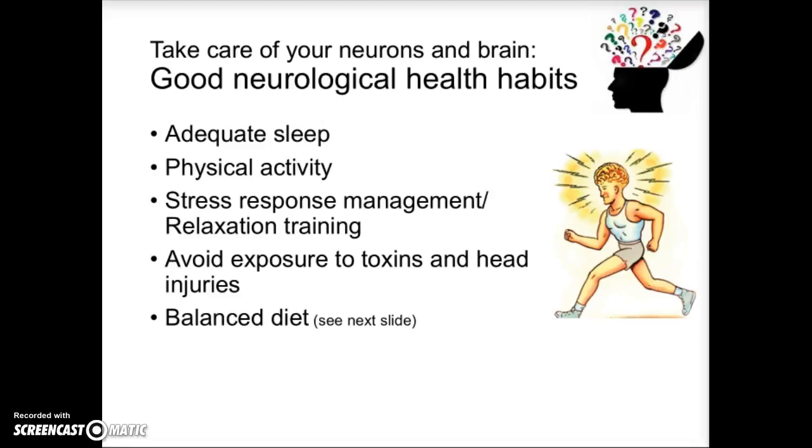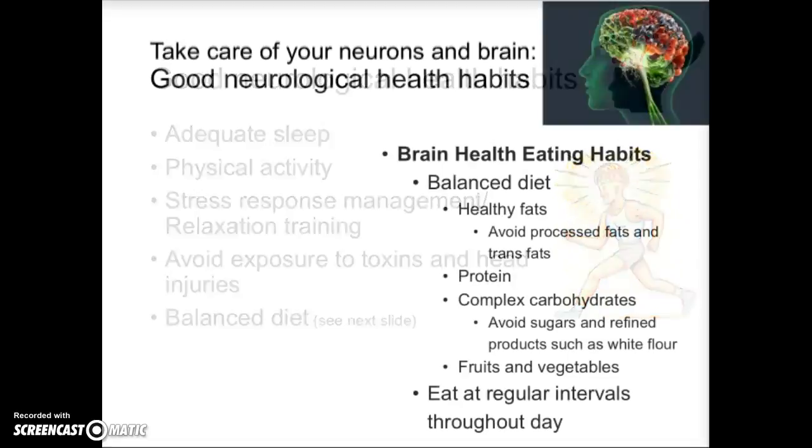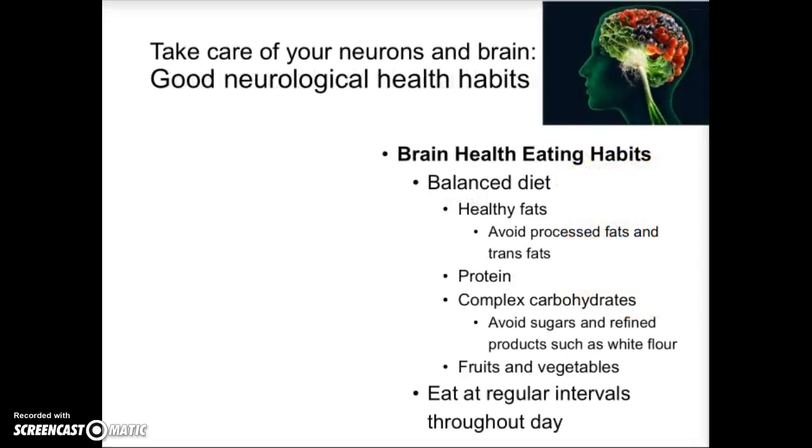Finally, to take care of your brain, you need to eat a balanced diet. Now, it turns out that there isn't really a special diet just for your brain. The same healthy eating habits that are good for other parts of your body, like your heart, are also good for your brain. So a balanced diet needs to include healthy fats.